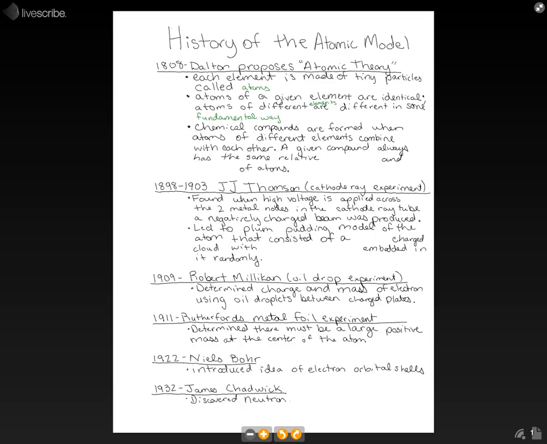And also, chemical compounds are formed when atoms of different elements combine with each other, and a given compound always has the same relative number and type of atoms.